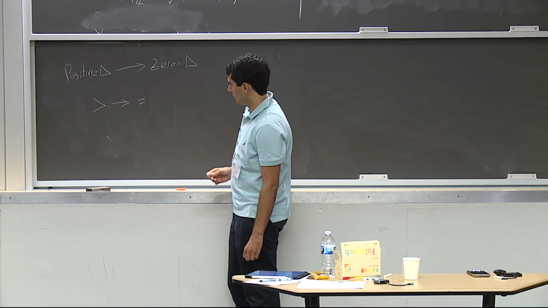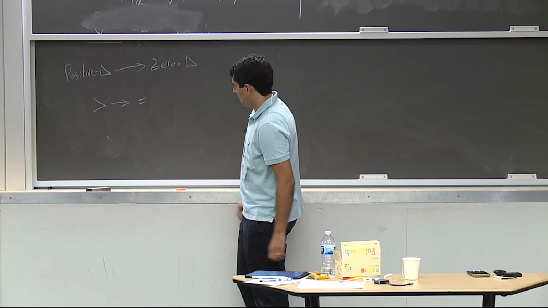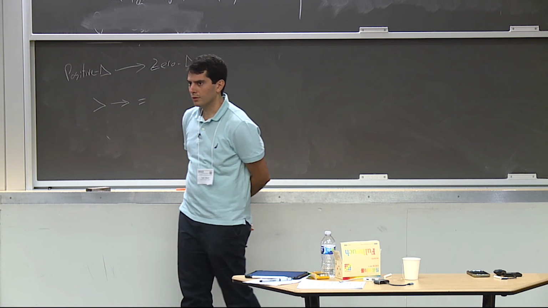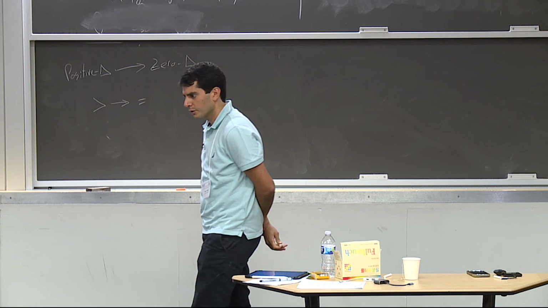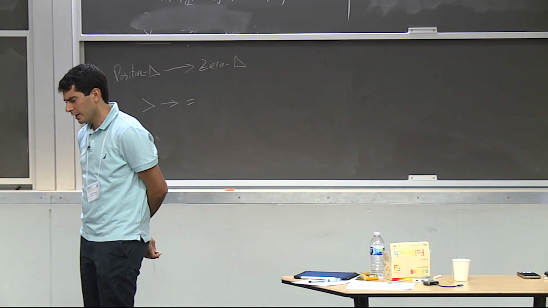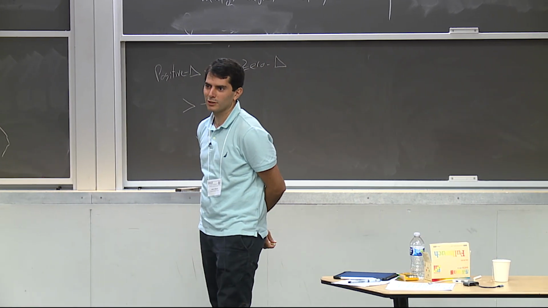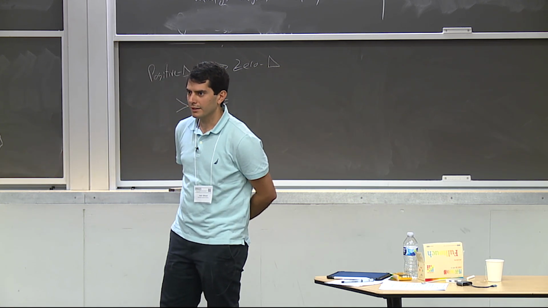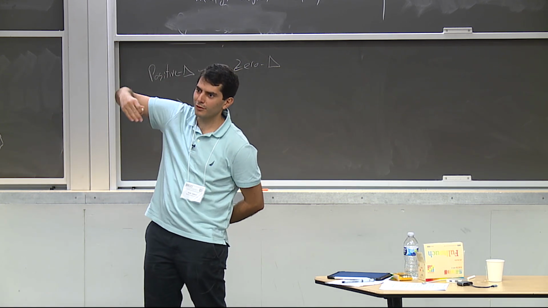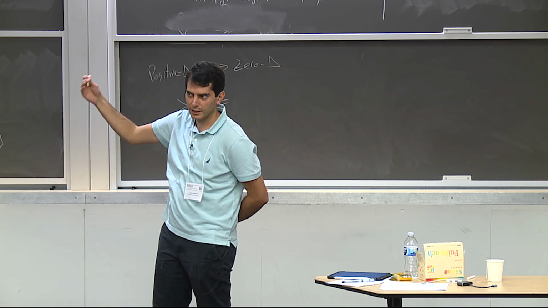So how do you do that? I think a first idea is to say, well, if I want to know if something is positive, I ask, is it equal to 1? If it's 1, great, it's positive. If not, I ask, is it equal to 2? And then I try 1, 2, 3, 4, 5, everything. It's too many questions.